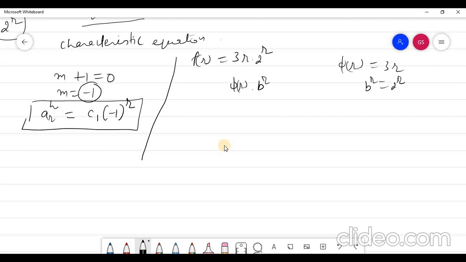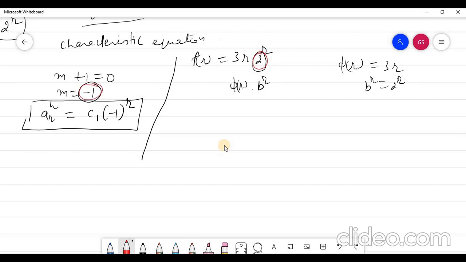We said in the picture, this is the case when b is not a root of the characteristic equation. So what is b here? b = 2. It means that 2 is not a root of the characteristic equation, because the root of the characteristic equation is -1. So what will be the particular solution in this case?